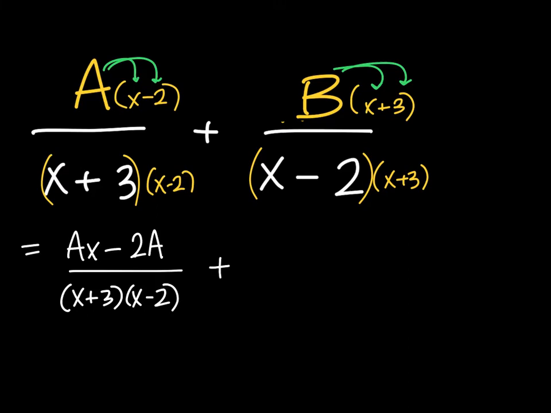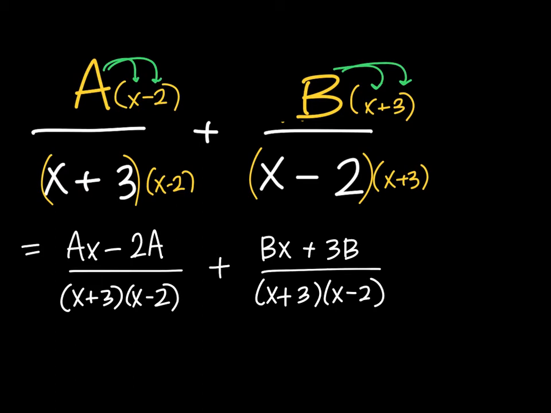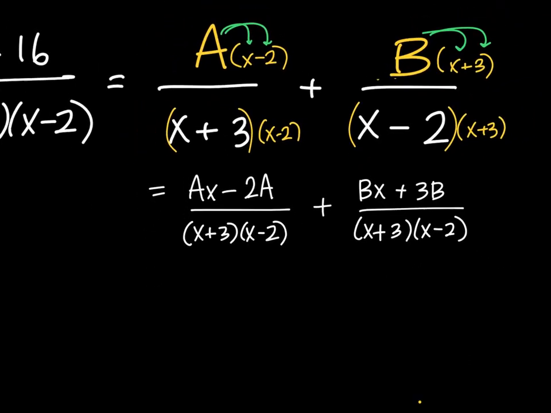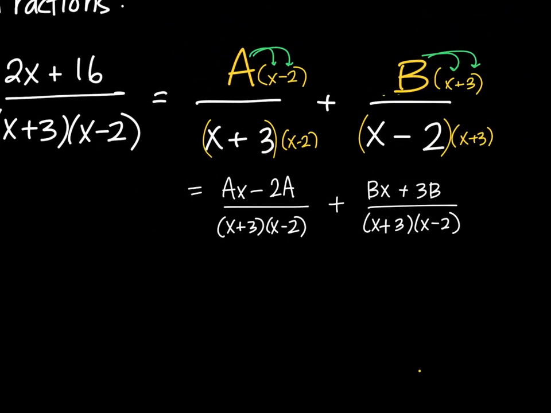And then capital B distributed to x and 3b, also over the common denominator x plus 3 and x minus 2. I'm going to zoom out so that I can look at the other side. What I had on the other side was 2x plus 16 over x plus 3 and x minus 2.